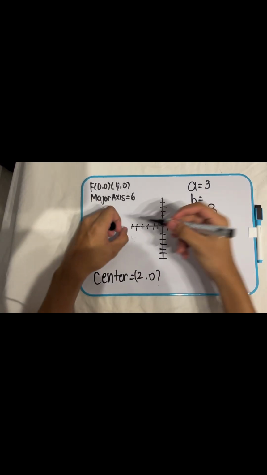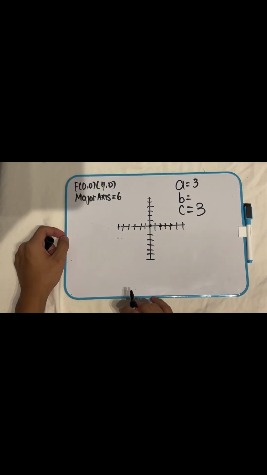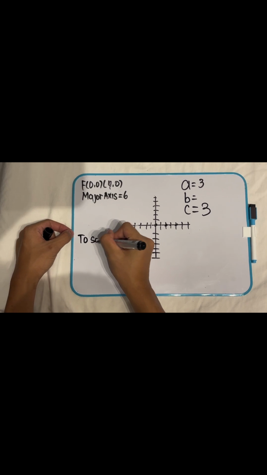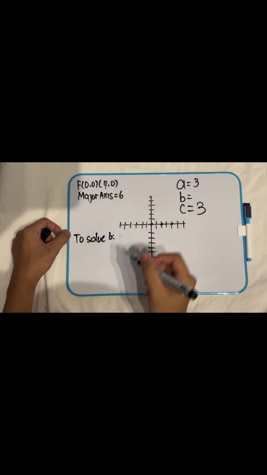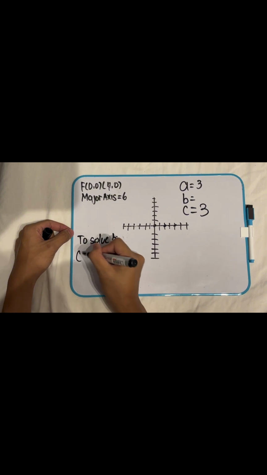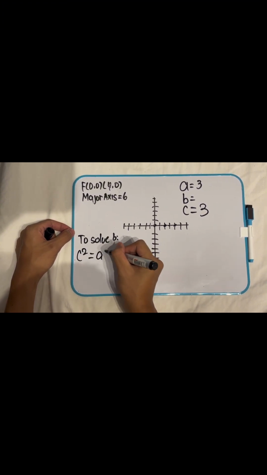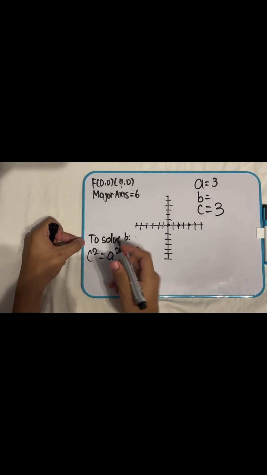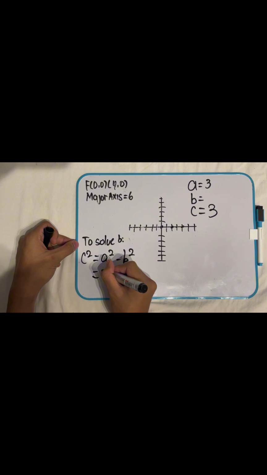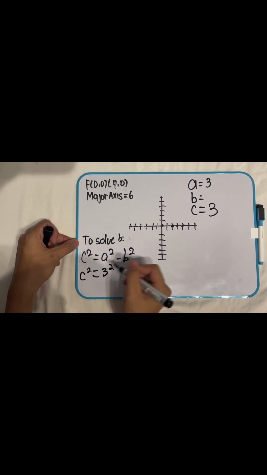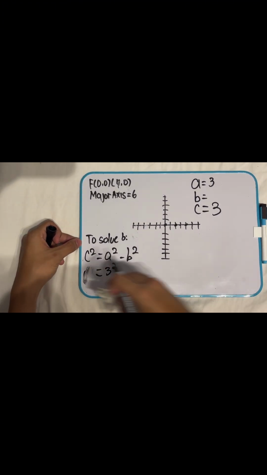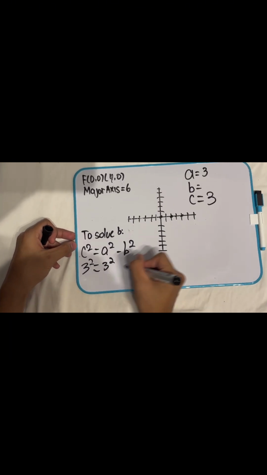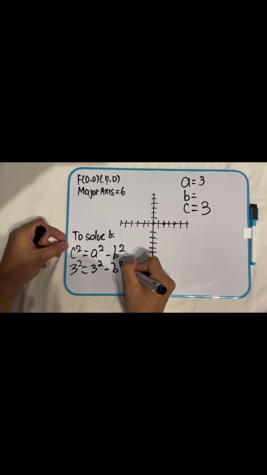So, C is 3. To solve for B, we have to use C squared equals A squared minus B squared. The value of our A squared is 3 squared, and the value of our C squared is 3 squared as well, minus B squared.